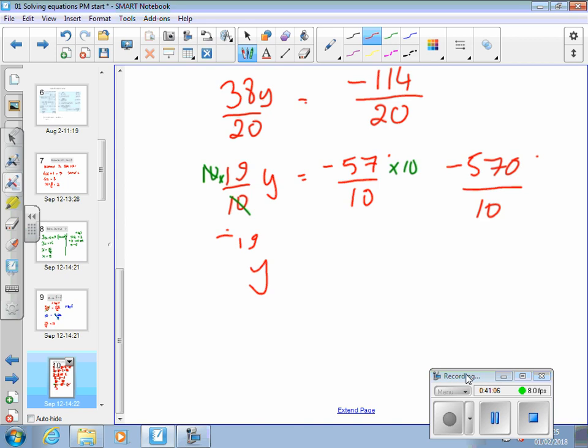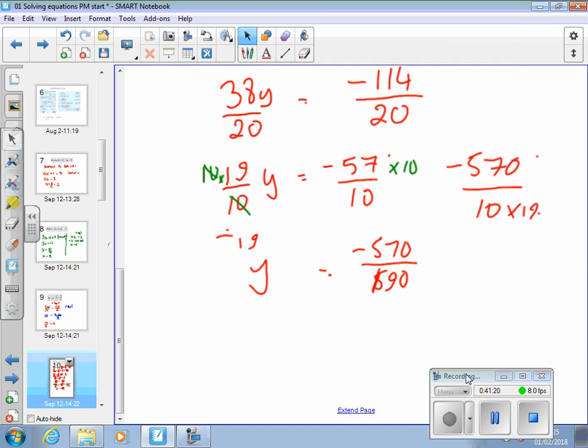Yeah, divide this by 19. y is equal to minus 570 over 190. Not the most succinct way to go about it, but there we go. What is minus 570 divided by 190? Minus 3.